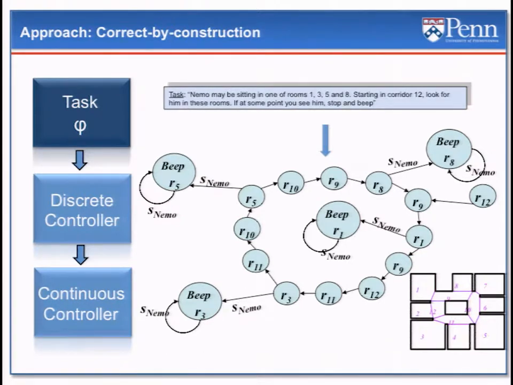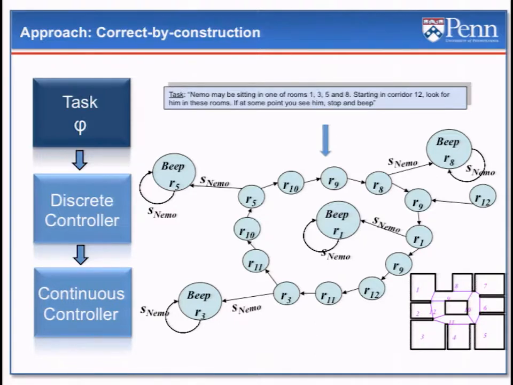So this is, rather than planning by model checking, planning via controller synthesis. So rather than the classic paradigm of design first, verify second, the idea here is specify first and synthesize second.